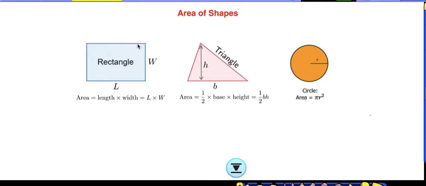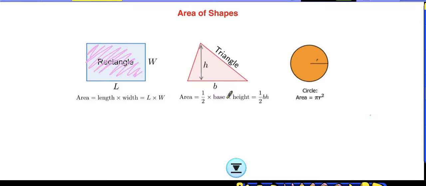To find the area of the rectangle, just want to quickly remind you, area is the space inside of the shape. So the area of the rectangle is length times the width. And for a triangle, again, we find the space inside of the shape.